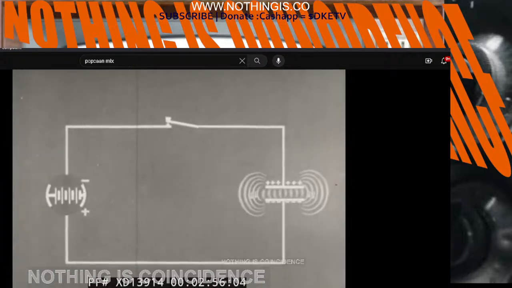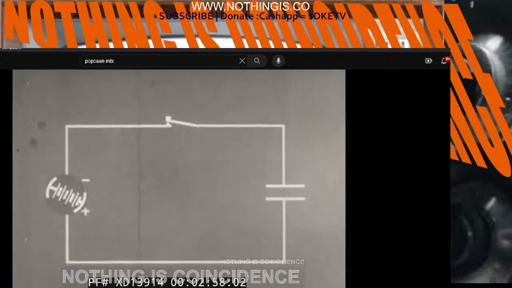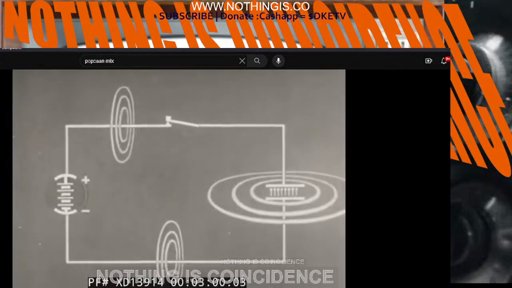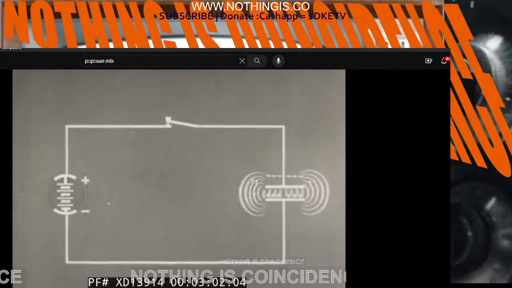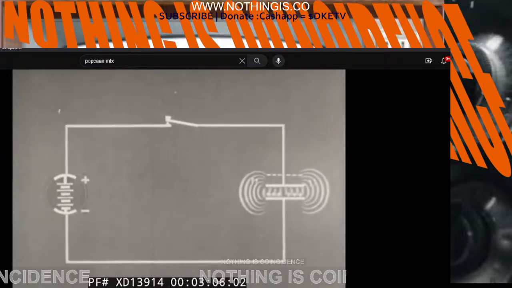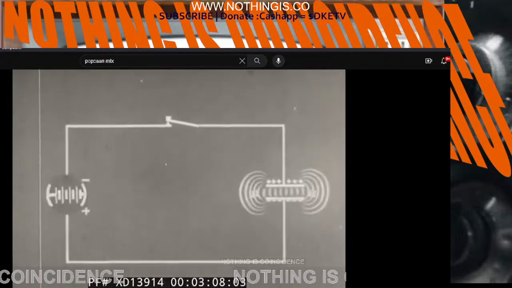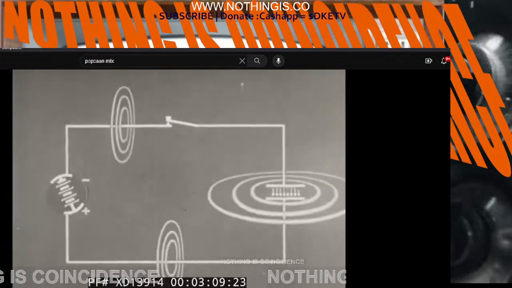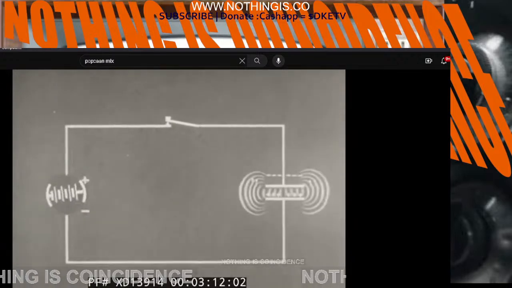If the battery is reversed, the dielectric field collapses. The energy returns to the circuit and then builds up in the opposite direction. Rapid changes in polarity in the circuit result in rapidly changing dielectric and magnetic fields.